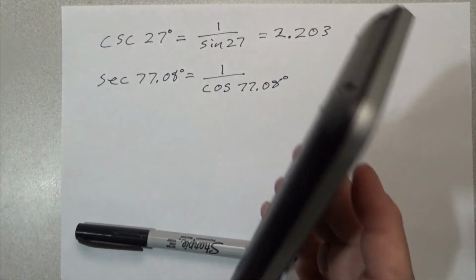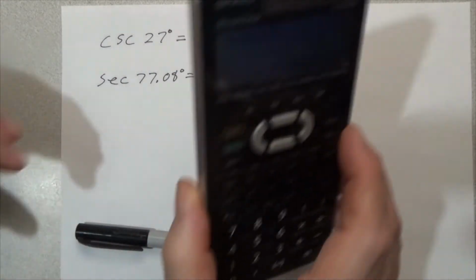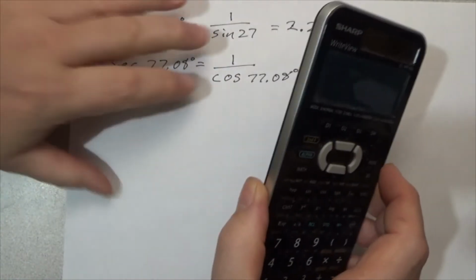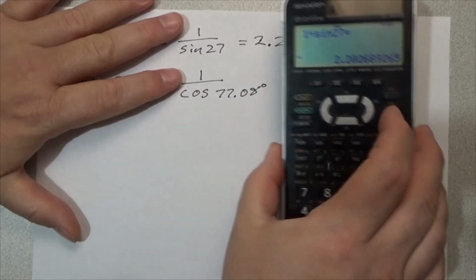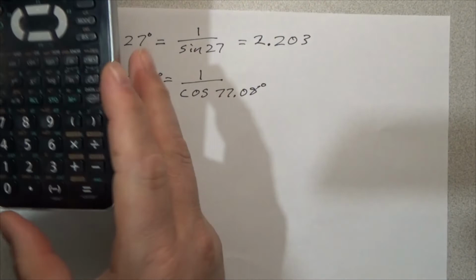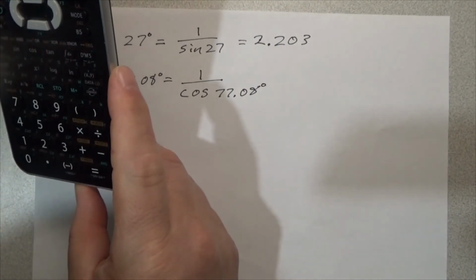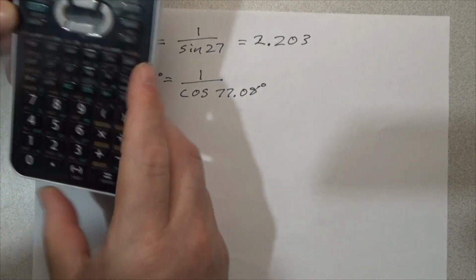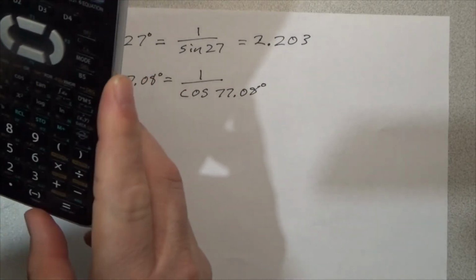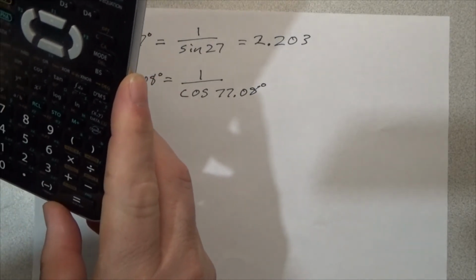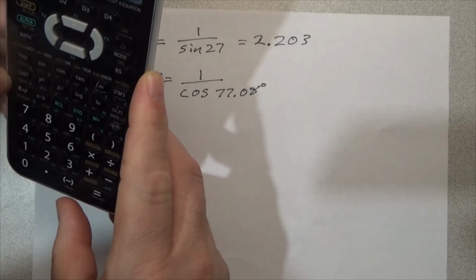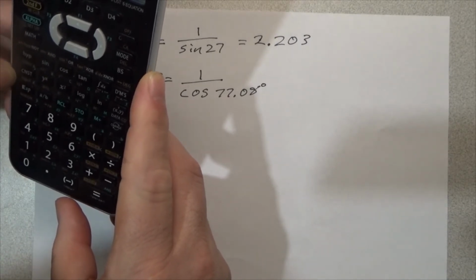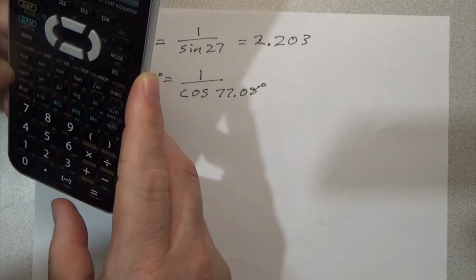Now, there's another way you can do this. You don't need to use the 1 over. You can use your inverse button on your calculator. I don't even know where mine is. Right there. No, that's not it. That's something else. Anyway, you'll have an inverse button. All scientific calculators have them.